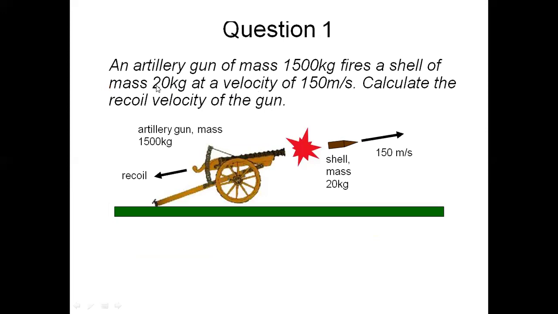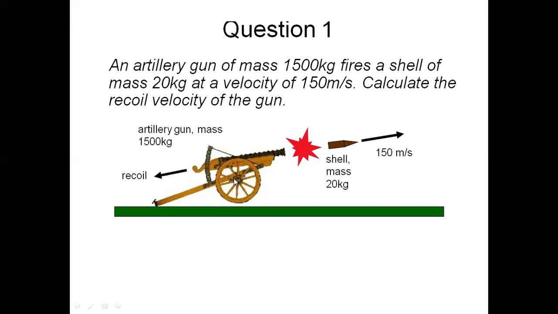An artillery gun of mass 15,000 kg fires a shell of mass 20 kg at a velocity of 150 meter per second. Calculate the recoil velocity of the gun. Here, Newton's third law of motion is applied besides the momentum. While this shell is fired, the force will be acting in the opposite direction on the gun, and the gun will recoil in the backward direction.